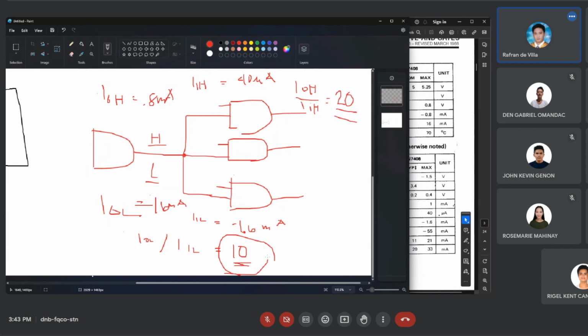That ensures it can still control the inputs of those gates despite driving from a low value to a high value.